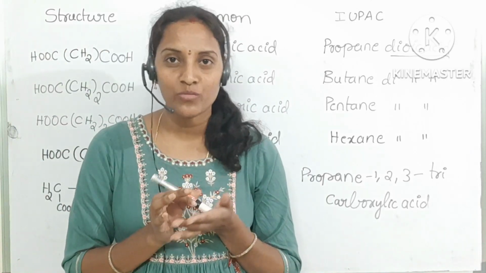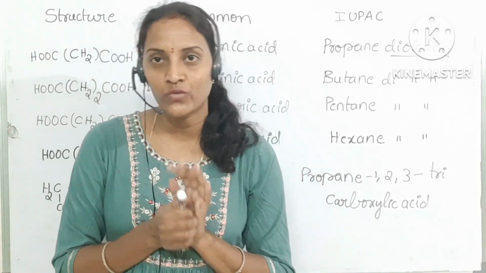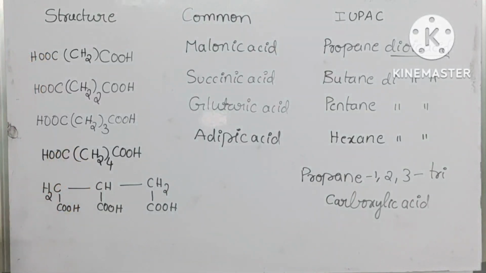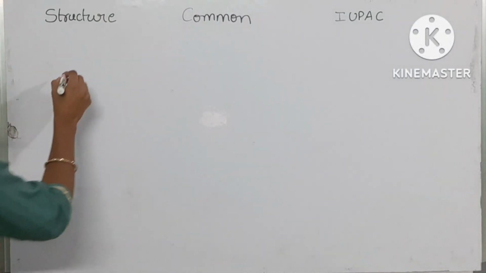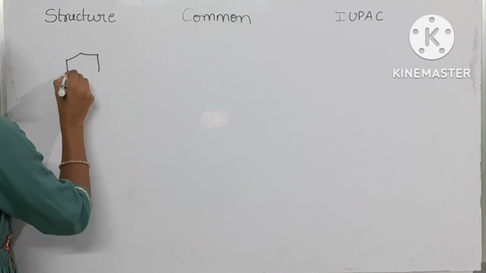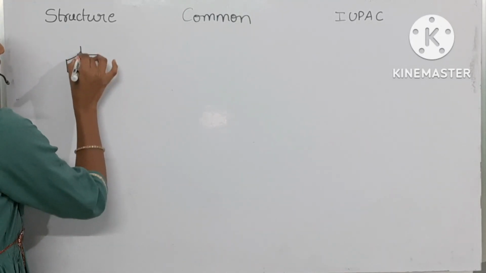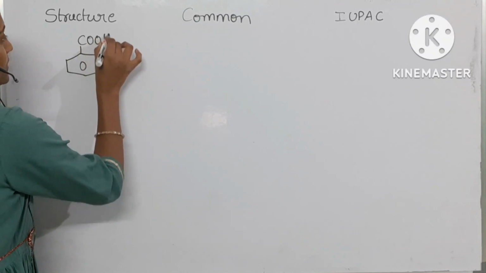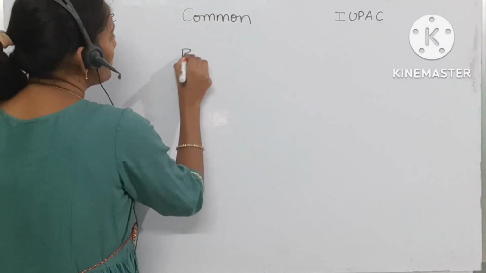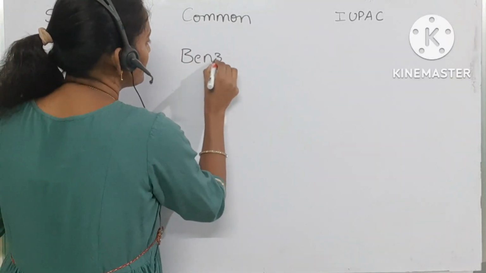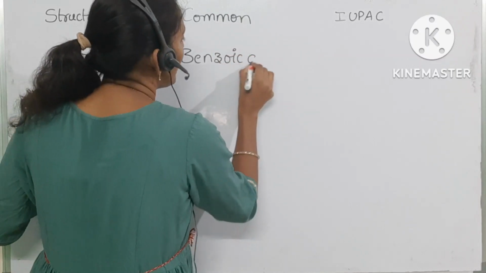These are all about aliphatic carboxylic acids. If aromatic carboxylic acids are there, how can you name them? We can say about those things also. See, this is one type of aromatic carboxylic acid. Common name is benzoic acid.